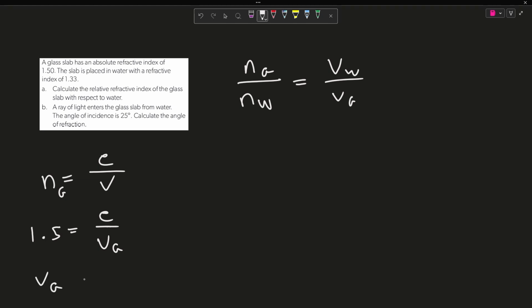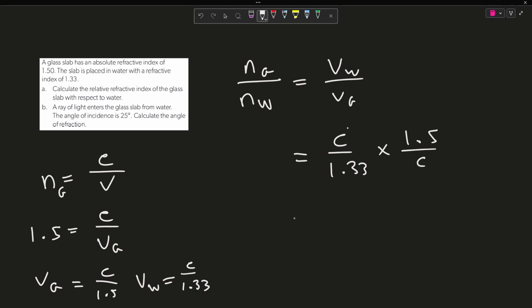So the v of glass is equal to c over 1.5, and you can do the same thing for the v of water, which is equal to c over 1.33. And you can just multiply by the opposite: 1.5 over c, and the c's cancel, 1.5 over 1.33, and this is equal to 1.13 approximately. So that's the answer for a.